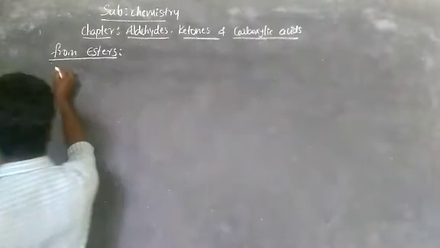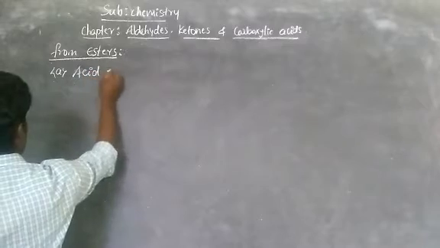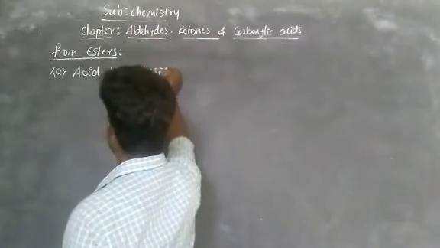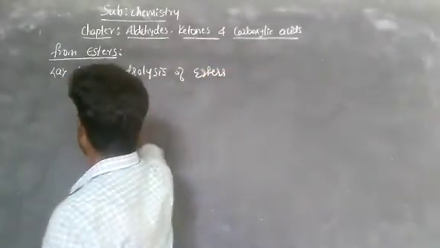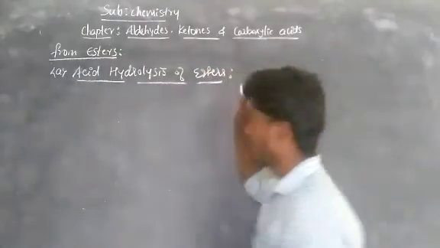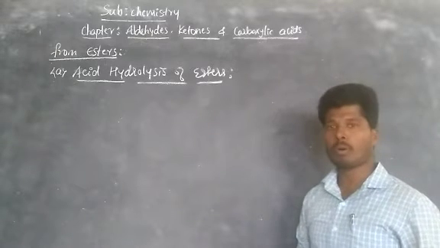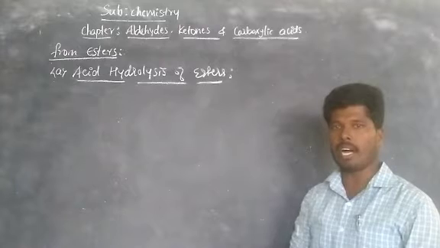Esters treated with acid undergo hydrolysis and give carboxylic acids and alcohol.